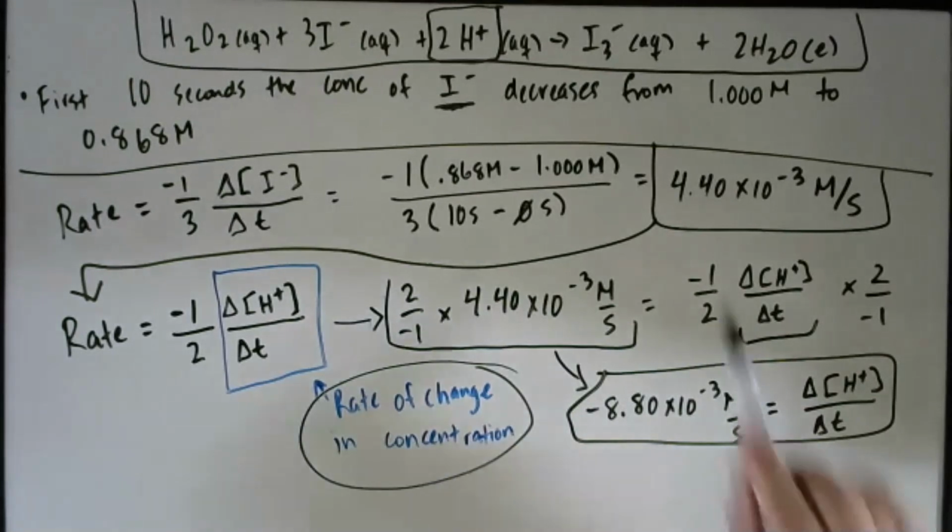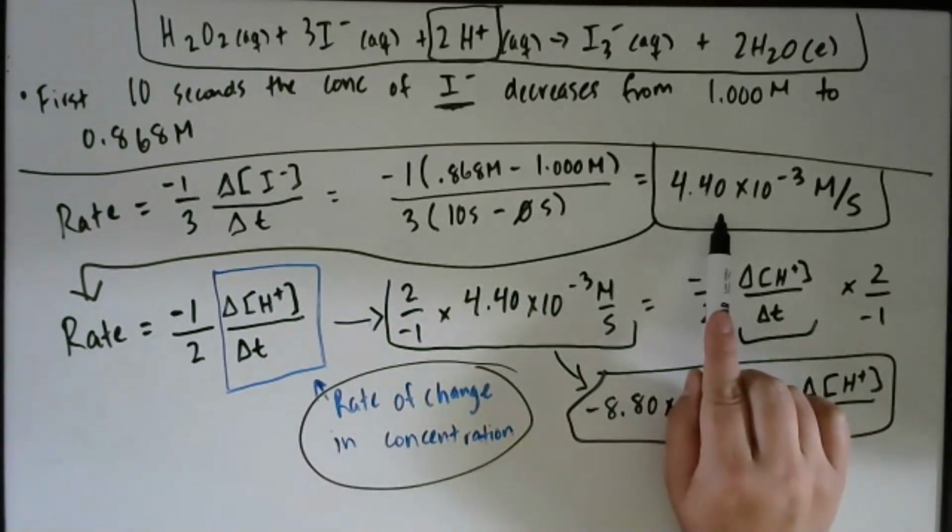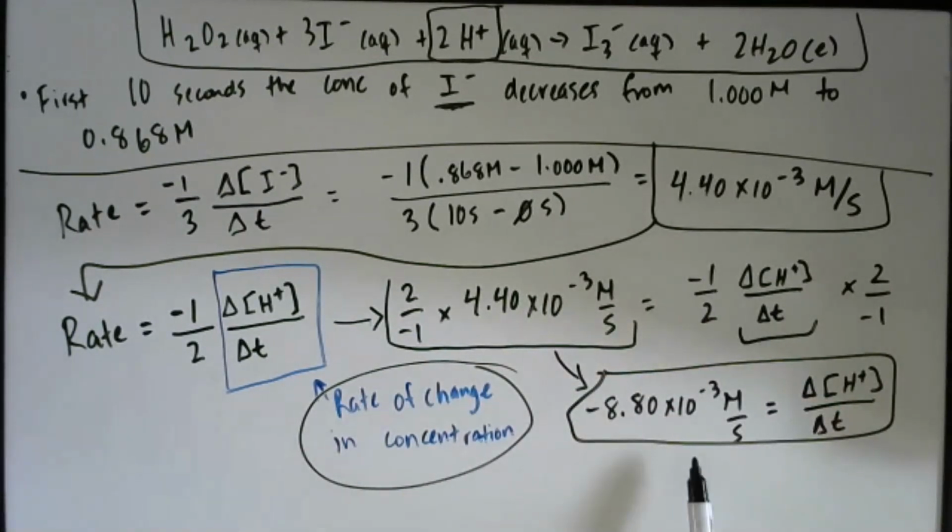So this is going to be our average rate of change for the reaction, linked to a specific time interval that we're looking at. And what we solve for here is the rate of change in concentration of one of the specific components of the reaction.